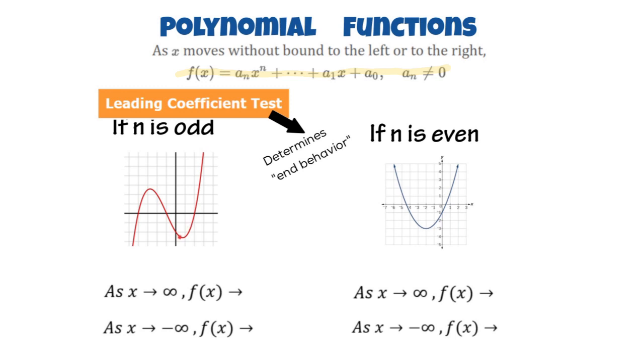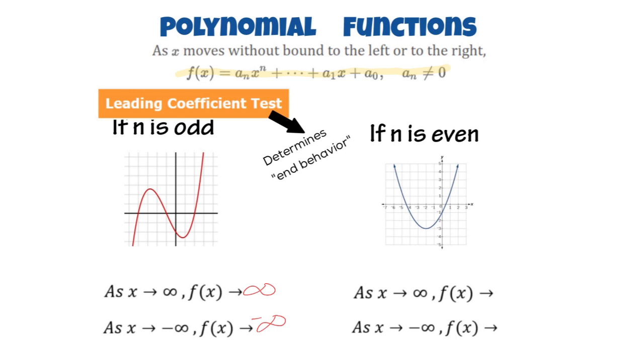As x approaches negative infinity, your y value is going to approach negative infinity. The only way that that's going to change is if your leading coefficient is negative. Then that would reflect and it would be the opposite.